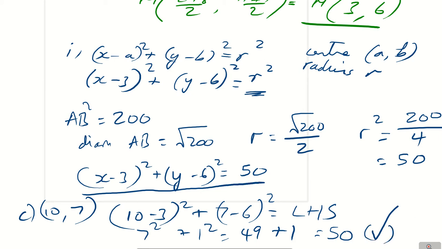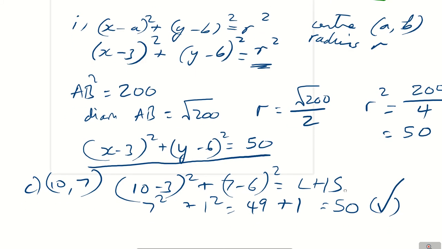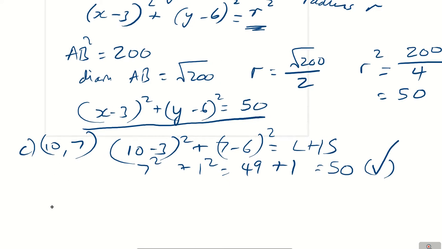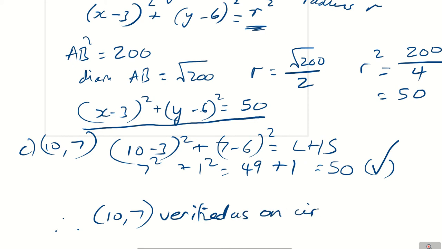We've verified that our x and y, where x is 10 and y is 7, fit the equation. So therefore 10, 7 verified as on circle. Now we have to find the tangent now at the point 10, 7.